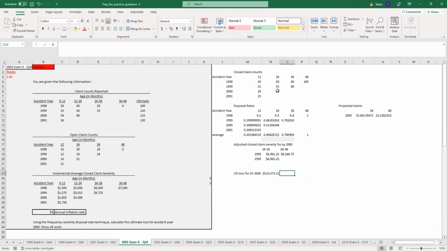So I just subtracted the 24 from the 59 to get the incremental for that 24 period. All right, and that concludes the 2002 Exam 6 question 24.